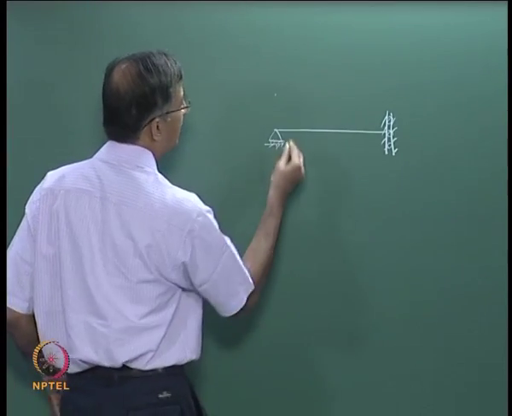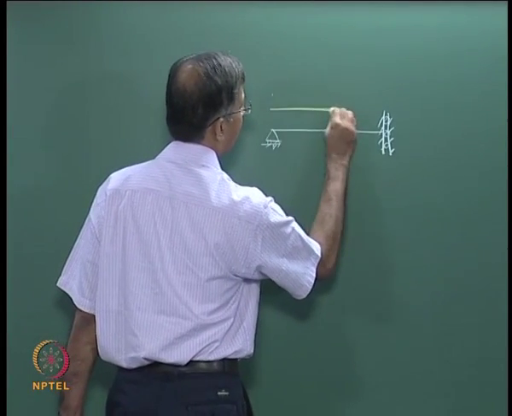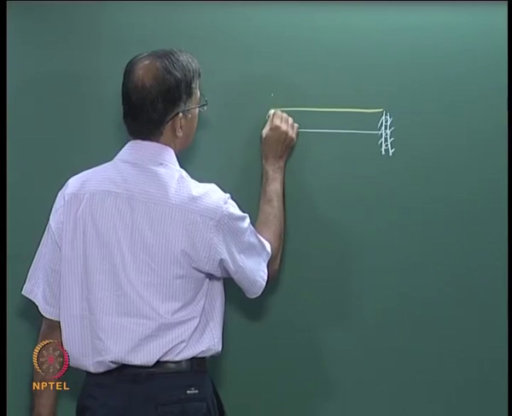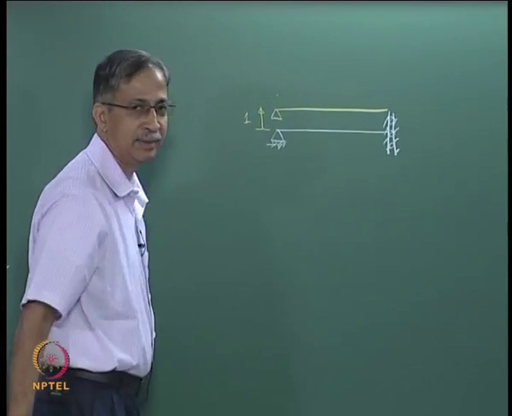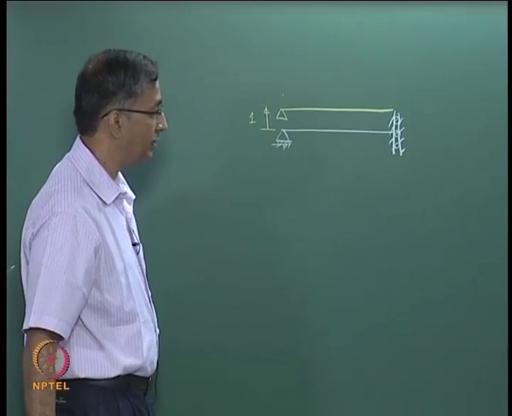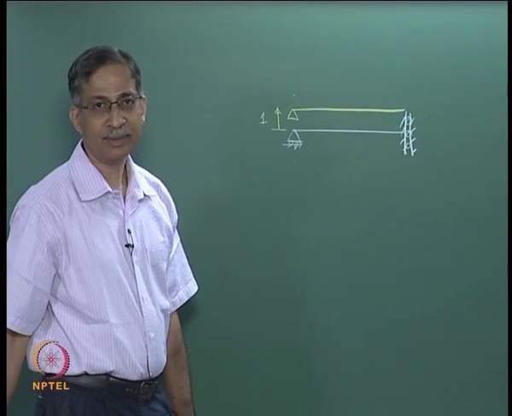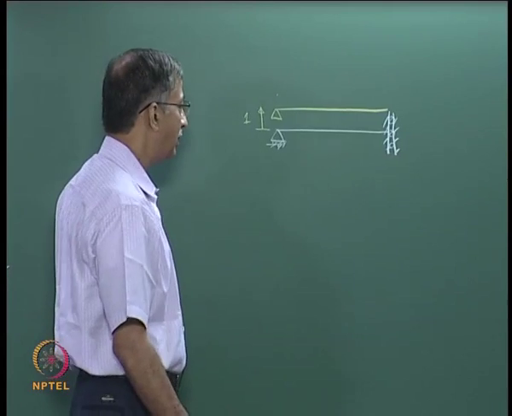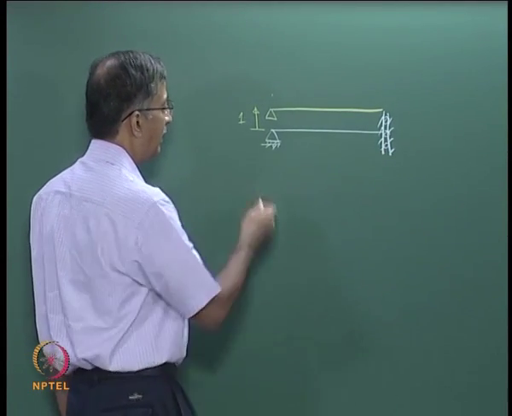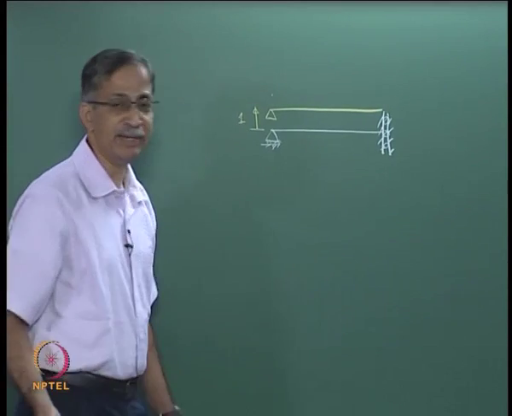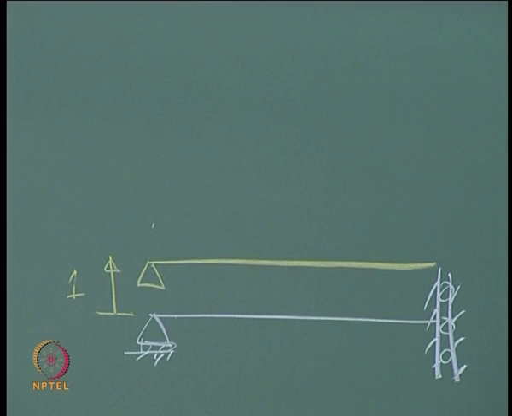If you have a movement here, it will just move like that, a rigid body movement. So in terms of rotations, you do not have any rotations, so that is why the rotation value is 0.